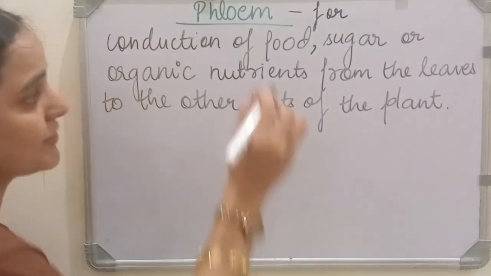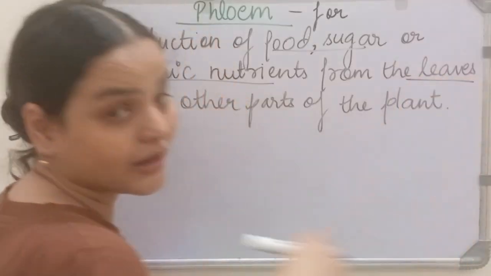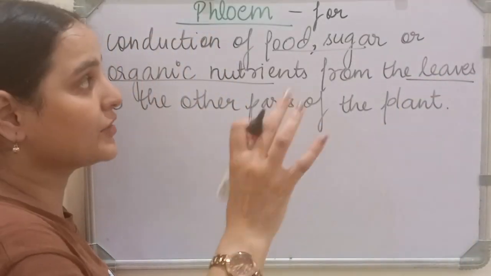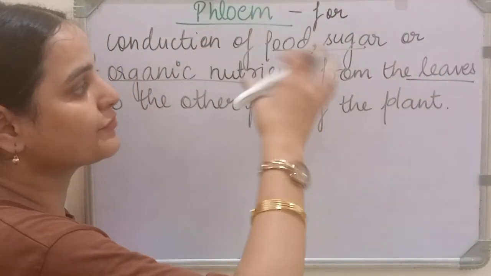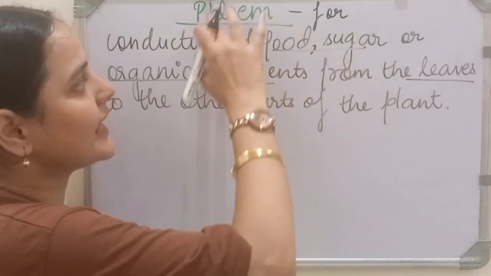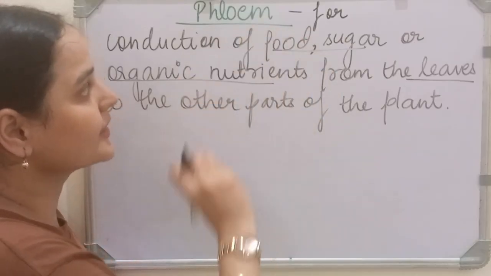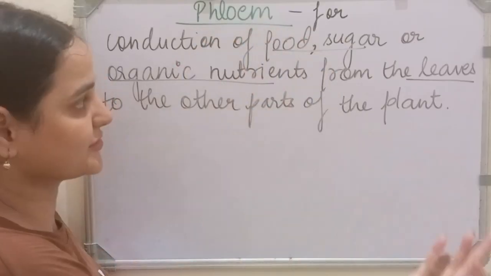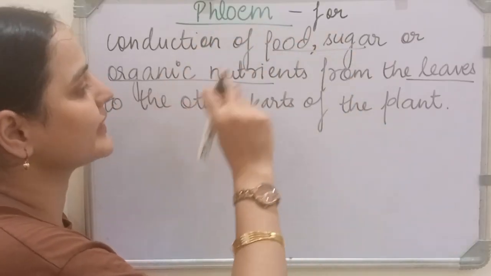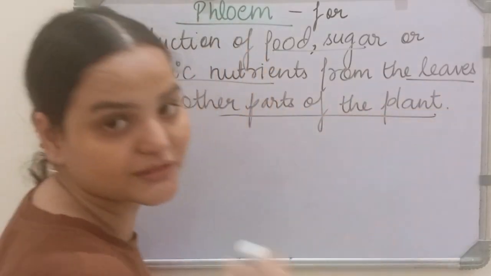Okay, because these things are made in the leaves, other parts which are not able to prepare food for themselves get that food with the help of phloem. So phloem helps in the transport of food, sugar and organic nutrients from the leaves to the other parts of the plant.